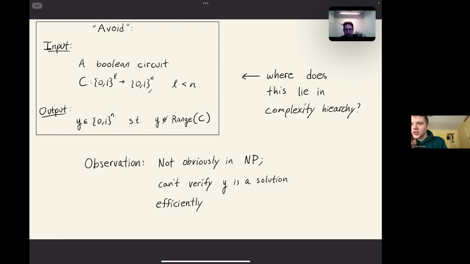The first observation, which was basically someone's question before, is that this problem is not obviously an NP search problem. If somebody shows me y as a candidate solution, I can't clearly verify that it's a solution, because I would have to check that for all possible inputs they don't map to it. This doesn't mean it's not in NP. The situation's unclear, but it's not clearly in NP.